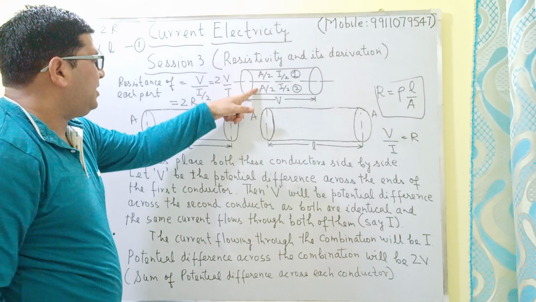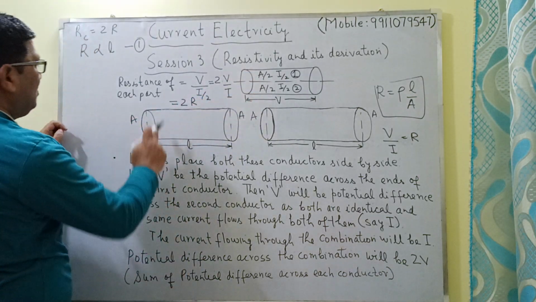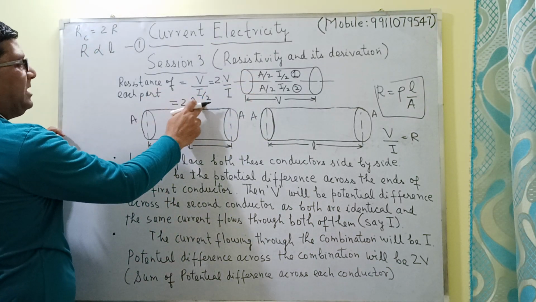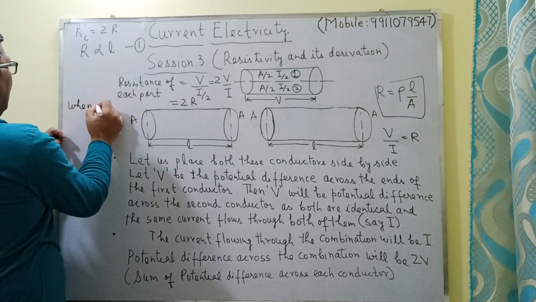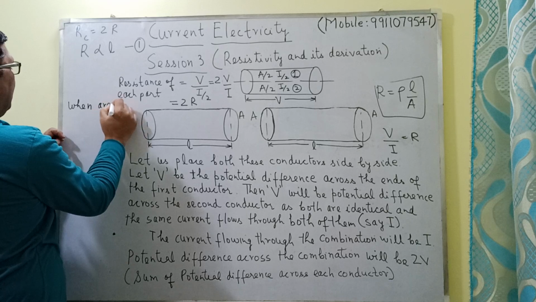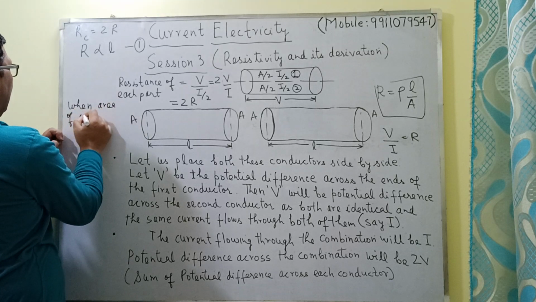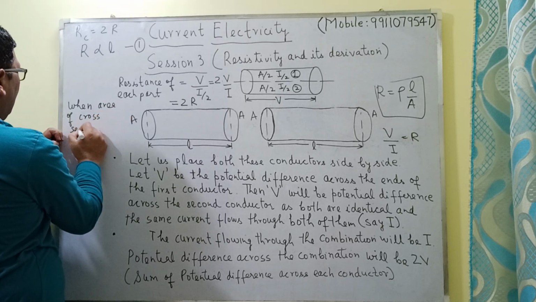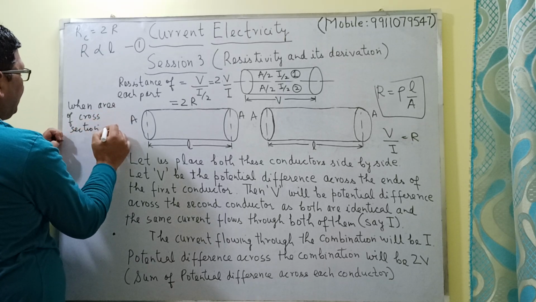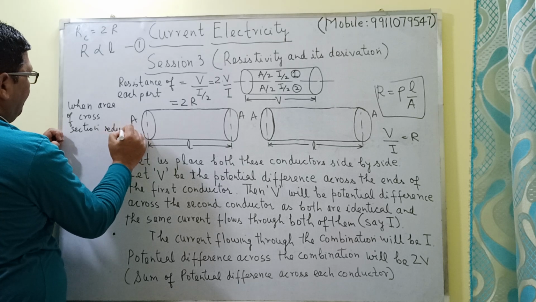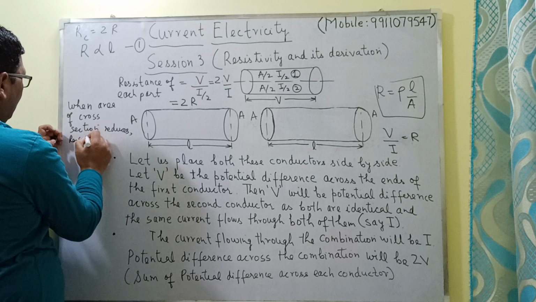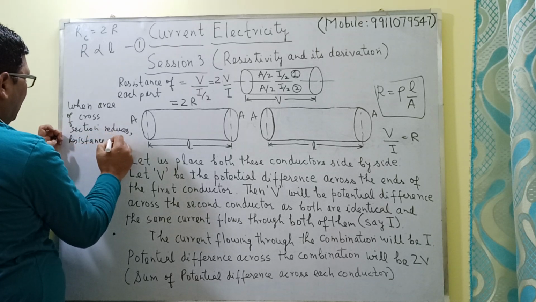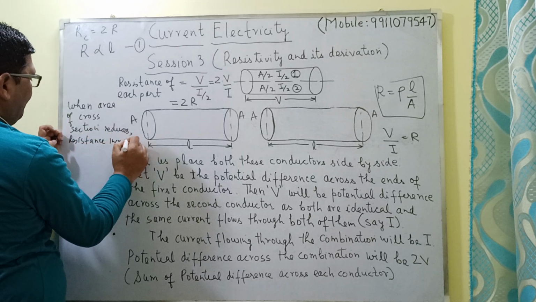Here in this case, what we have seen is that when the area of cross section has reduced, the resistance has increased. That is, when area of cross section reduces, resistance increases.